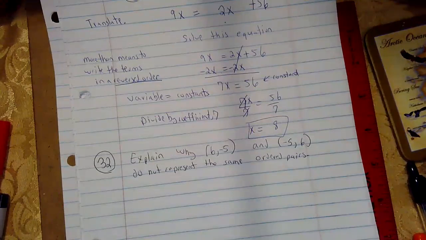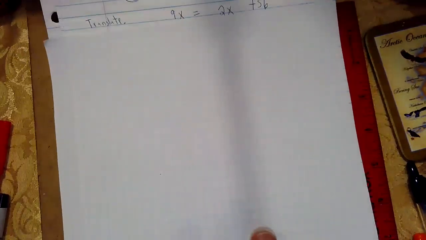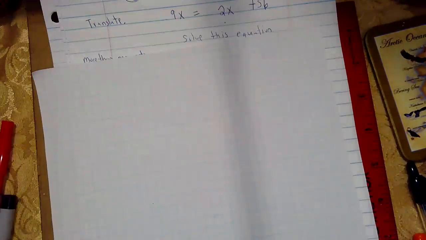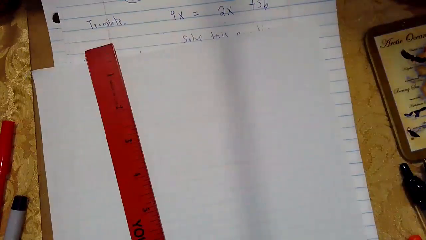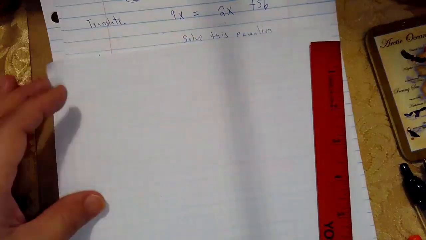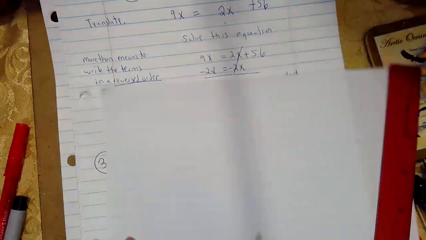Let's see. The nice thing about the ones that I provide you is that they already have an X and a Y axis. So if you're going to use this kind of graph paper, you will have to set it up. And I happen to have a ruler here, but you will have to set it up. So this is 32.